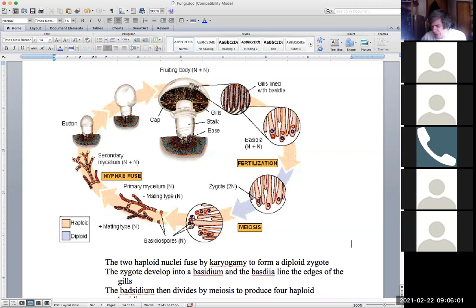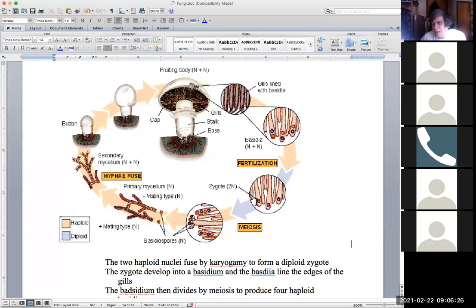And so with fertilization, the blue and the red nucleus unite. So now we have a purple nucleus. They're trying to be color appropriate, I guess. But notice that this nucleus is 2N because we had a 1N nucleus, the blue one, and another 1N nucleus, the red one, that united. So this basidium is now diploid.